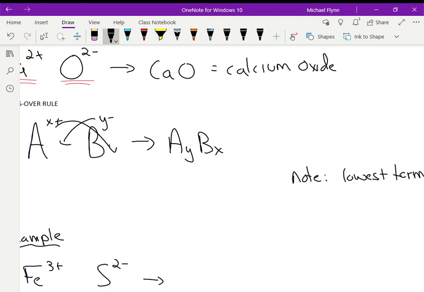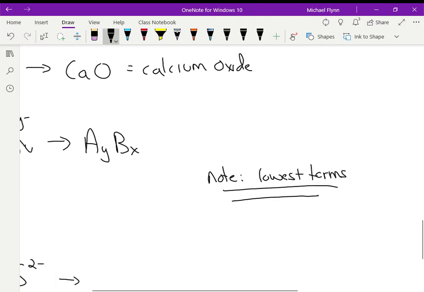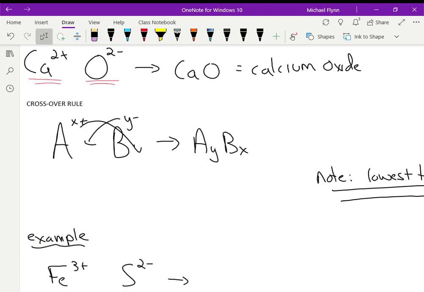And you must put this in lowest terms though. So if, for example, A was 4 plus and B was 2 minus. Now these aren't 2 elements on the periodic table, I'm just making this up. 2 random elements, who knows what they are, just call them A and B. You have to put this in lowest terms. So I'm not going to put a 4 and a 2 like this.